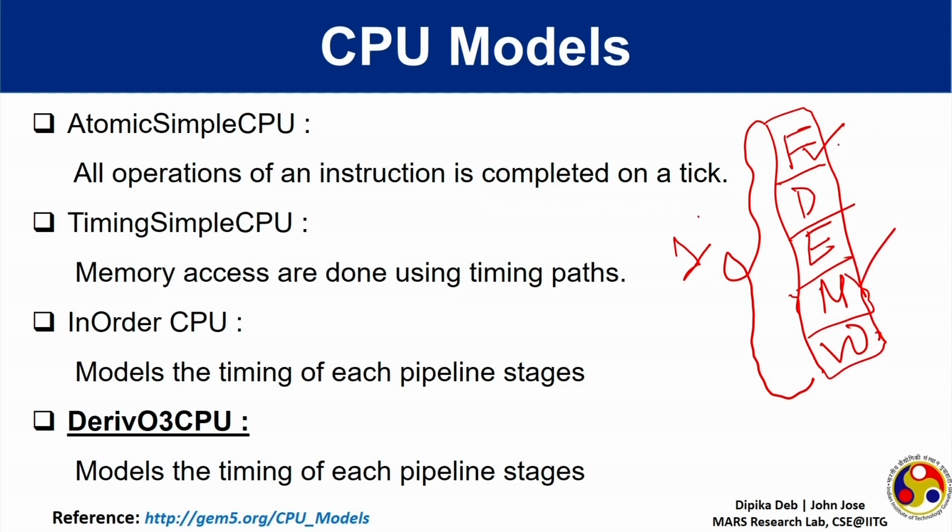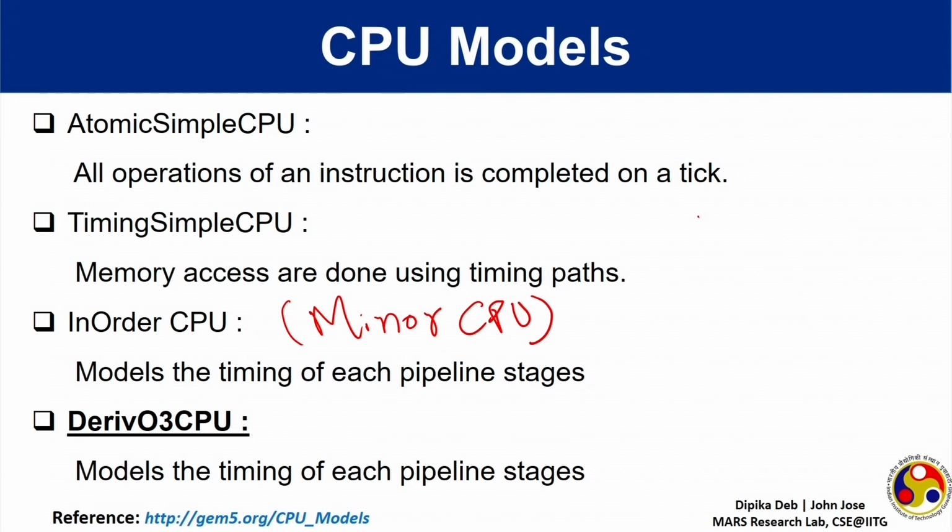In the fetch stage, the fetch delay, where the CPU brings instructions and data from the memory, is taken care of, while the memory delay during the mem stage is also accurately processed in timing simple CPU. Hence, it is also known as the timing model.